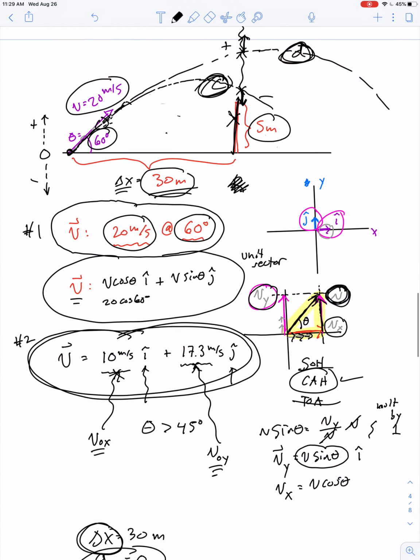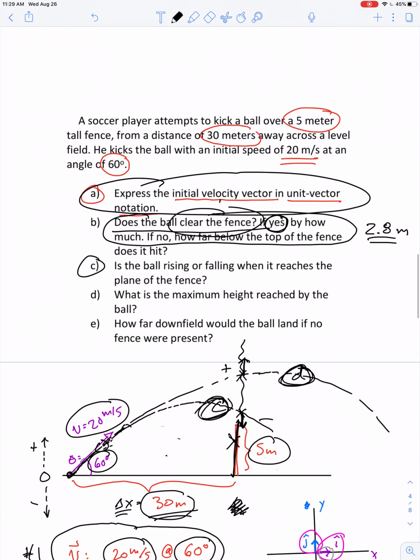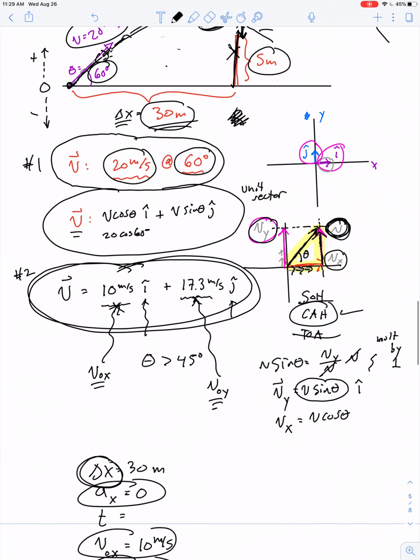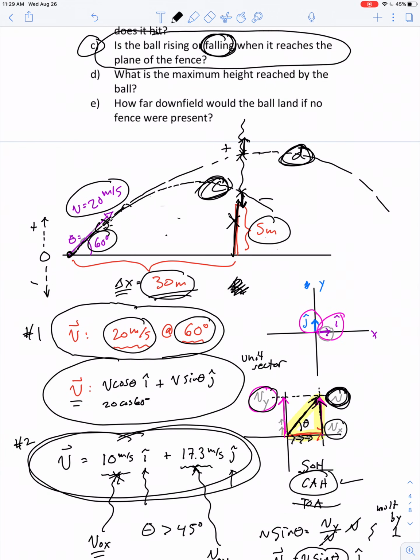So without getting an exact answer, it's very clear to see that it reaches the fence while it's falling, because after 3 seconds, at that moment, the velocity no longer has a positive value, it has a negative value. So this is the most accurate representation of the motion of the soccer ball as it just barely clears the fence.